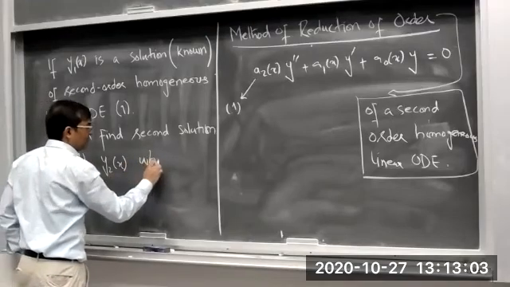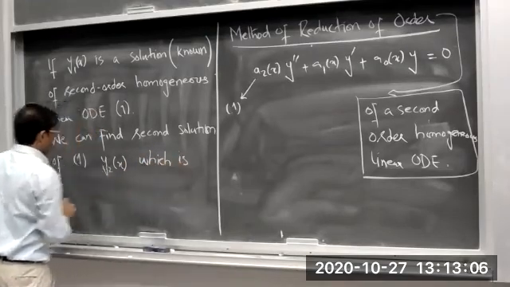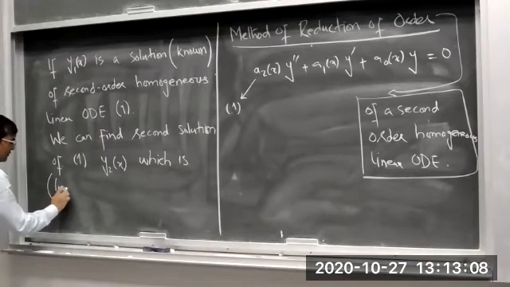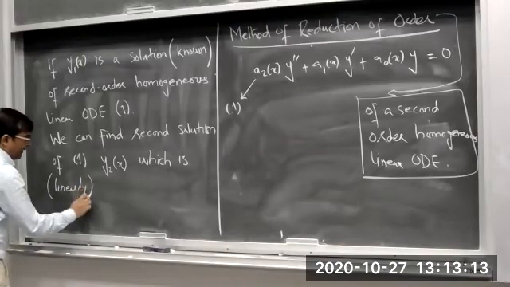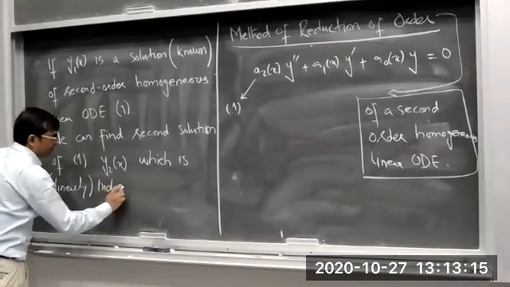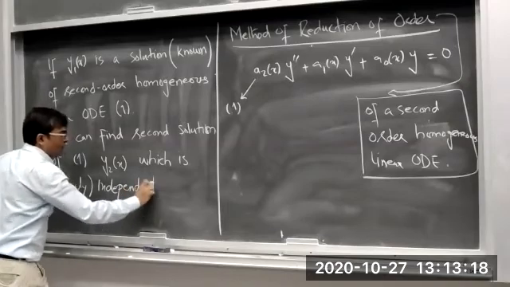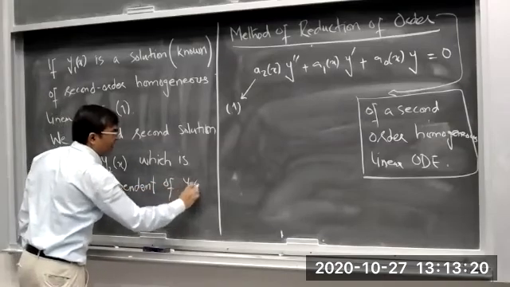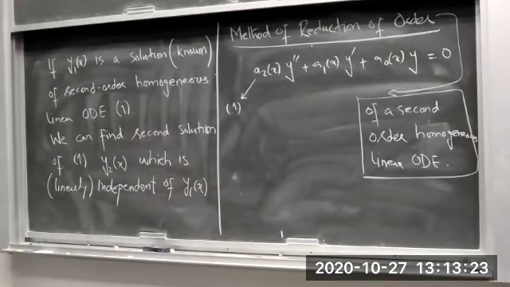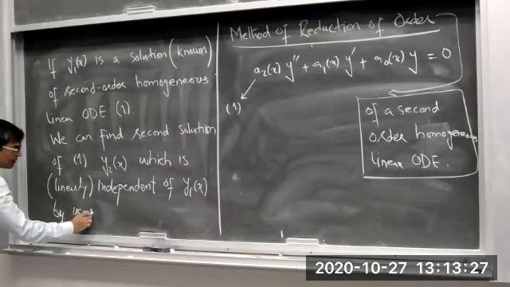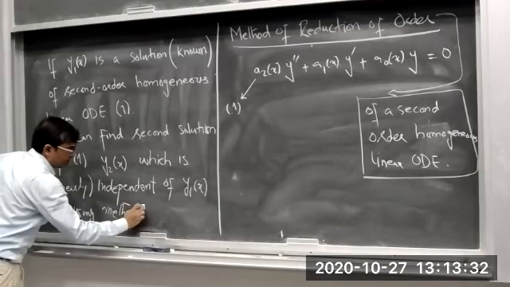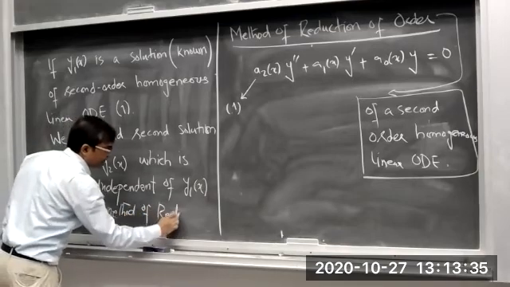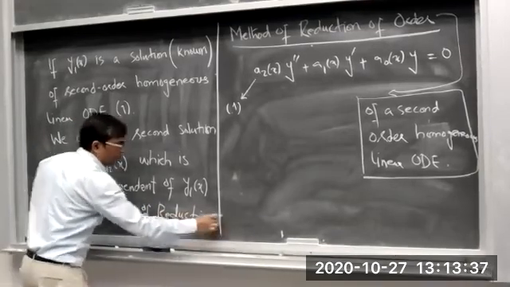Which is linearly independent of y1 of x, by using the method of reduction of order.